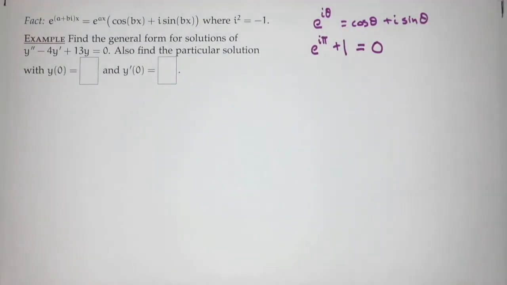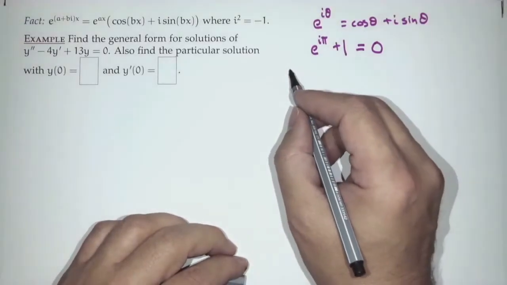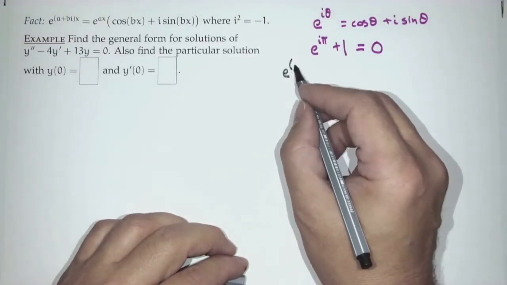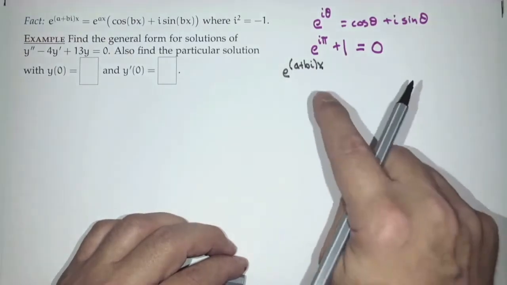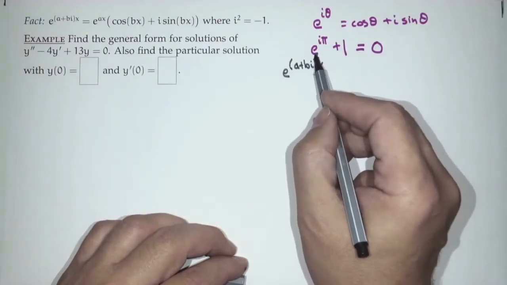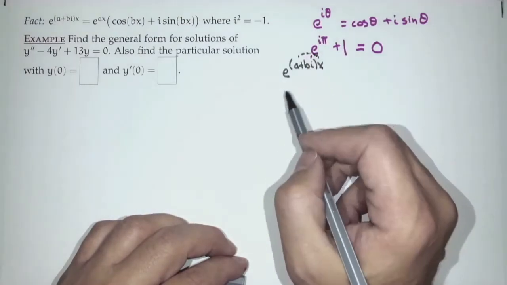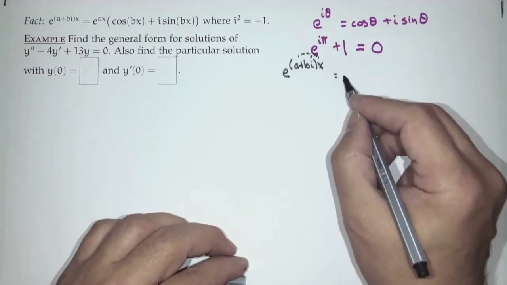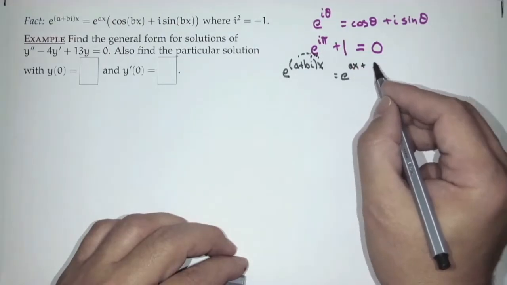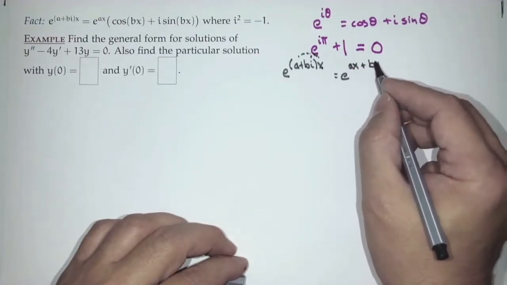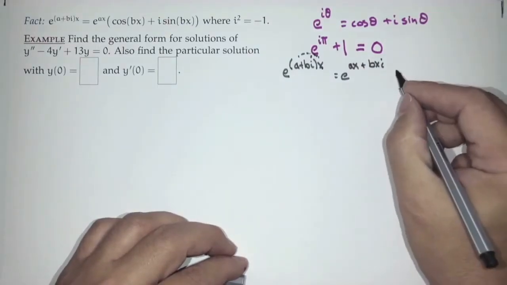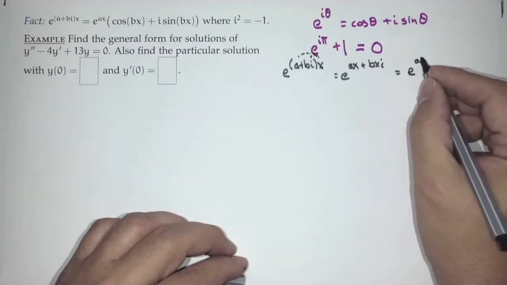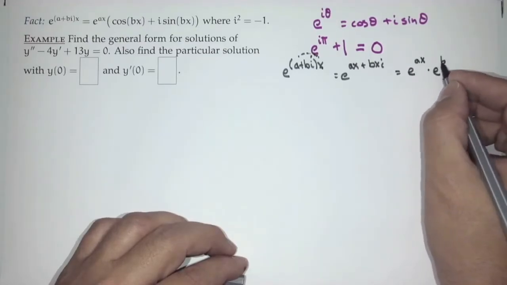Okay, so what does this fact say? I'll rewrite it here, so we'll do it in slow motion. It says, suppose you have e to the power (a plus bi) times x. Now, you can imagine distributing the x through. So this is e to the (ax plus bx times i). And this plus sign is the same as e to the ax times e to the (bx times i).